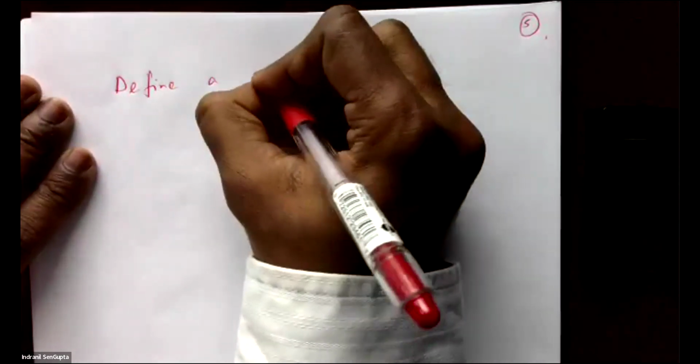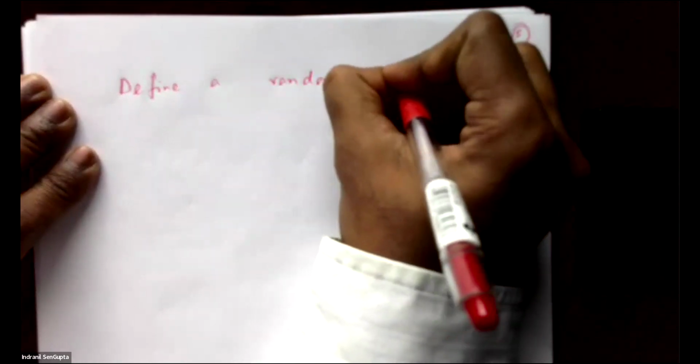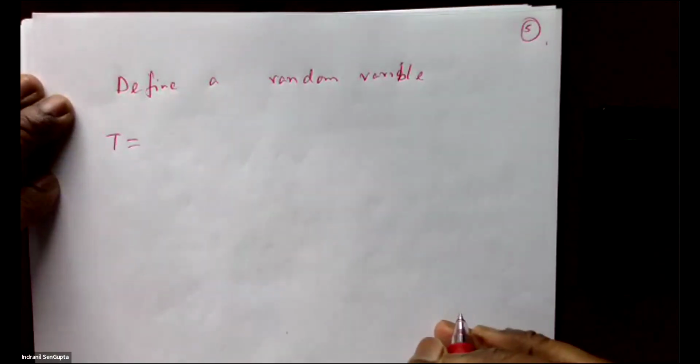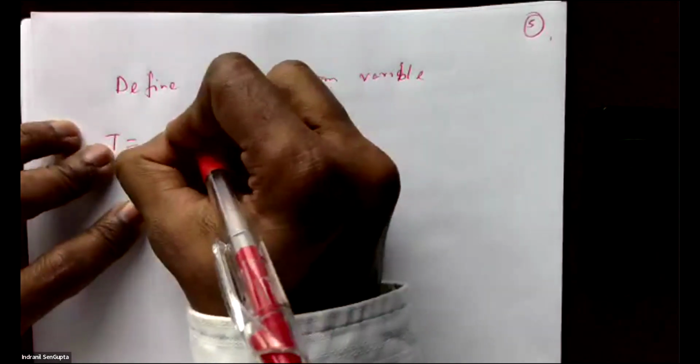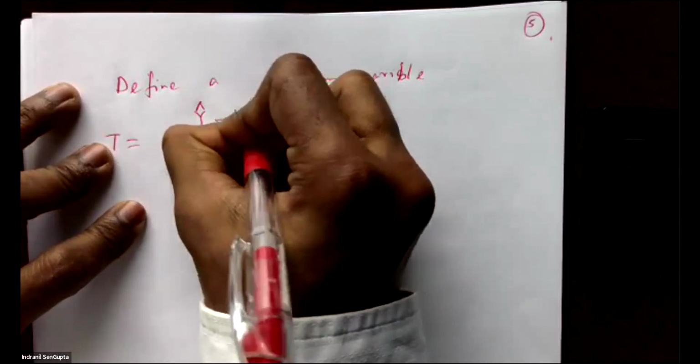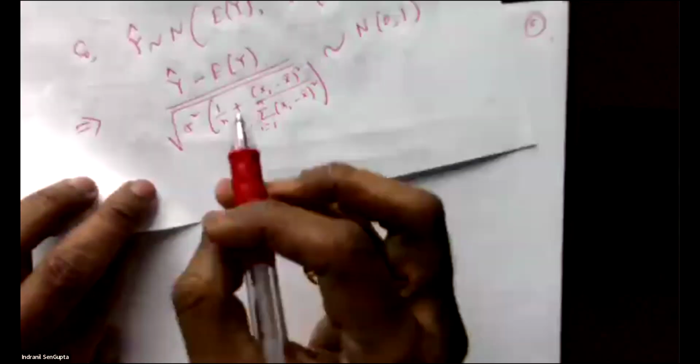So if I use that fact now, let's define a random variable t by taking the standard normal distribution as a numerator, over, let me just simplify this one.